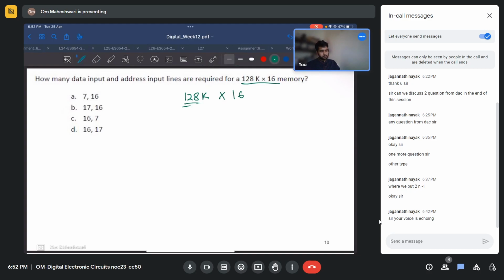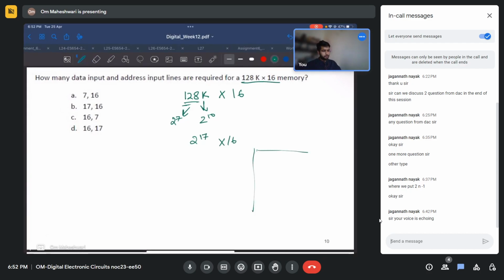So the total is 2 to the power 17 cross 16. What it means is that the memory that we have has 2 to the power 17 rows and 16 columns.